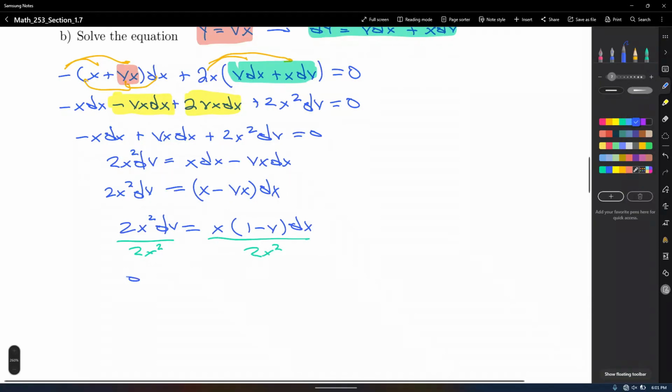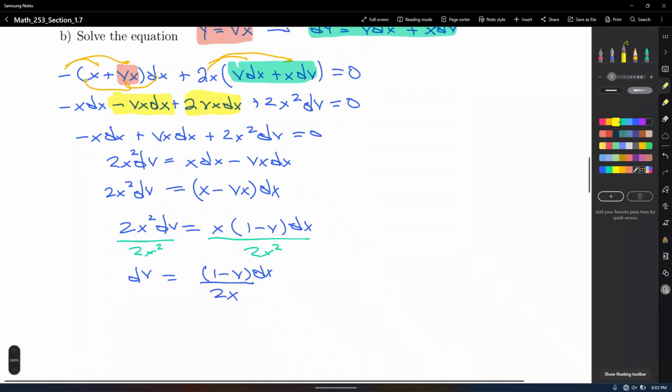And this will leave us with dv equals x divided by 2x squared, that's 1 minus v dx over 2x, all right?